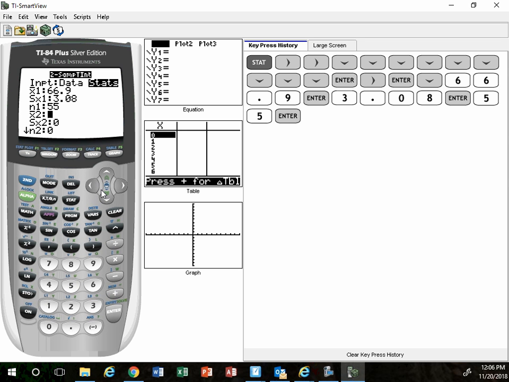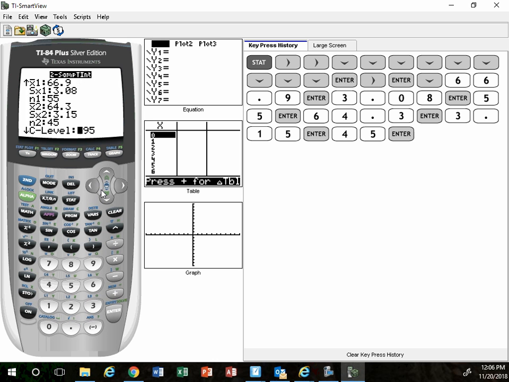Then for the girls, we had 64.3, 3.15, and my sample size was 45, right? We wanted a 95% confidence interval. This is where you can change that depending on what the question is asking you. We are not pooling right now. We're going to calculate. This is your interval at the top.